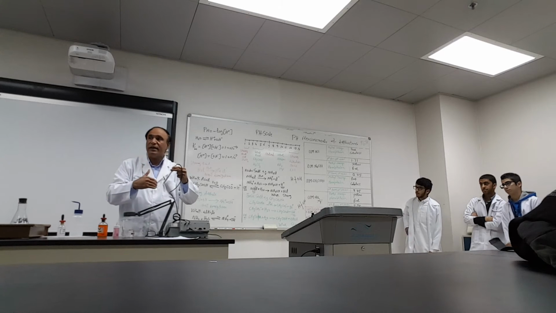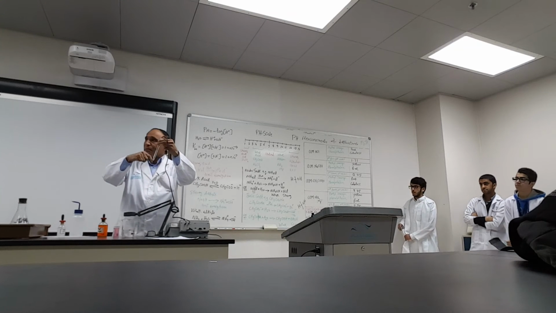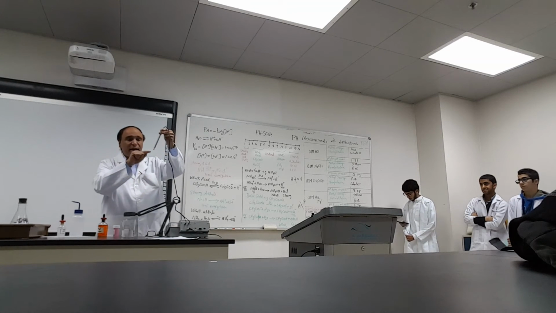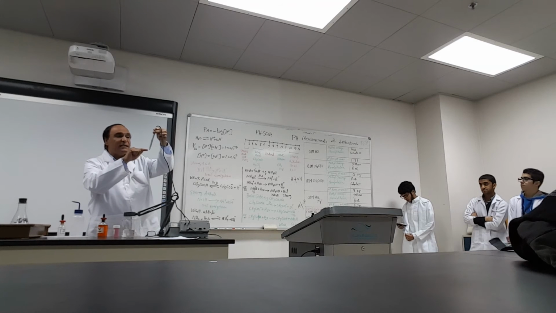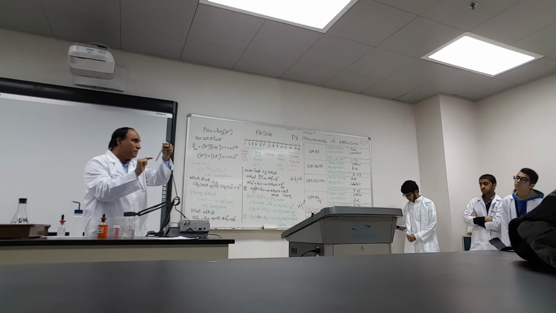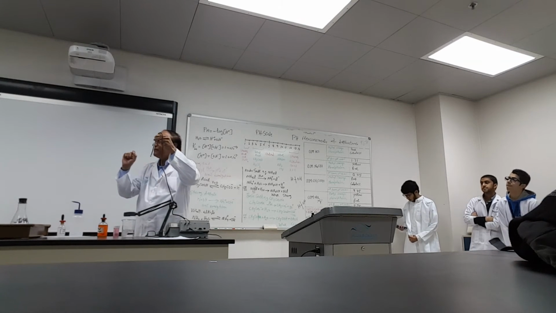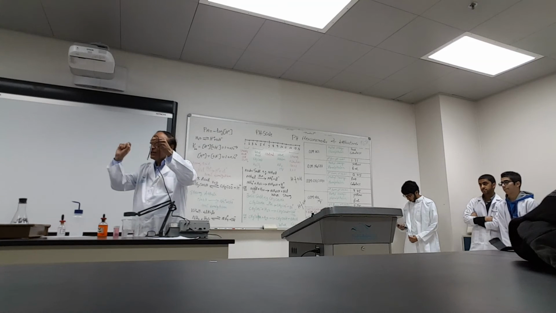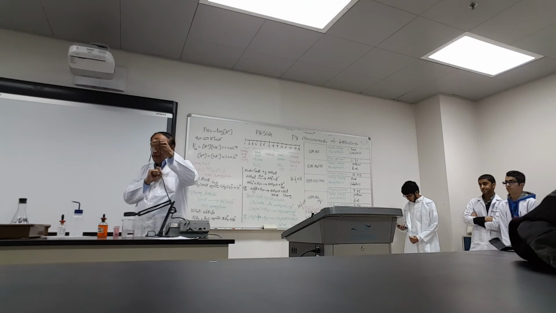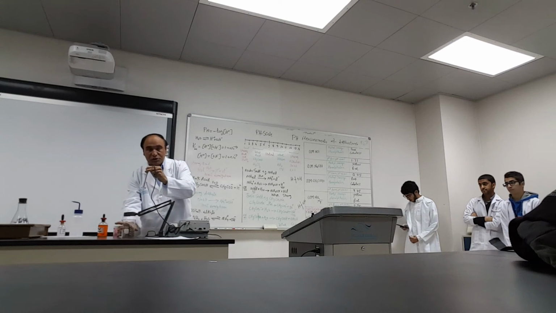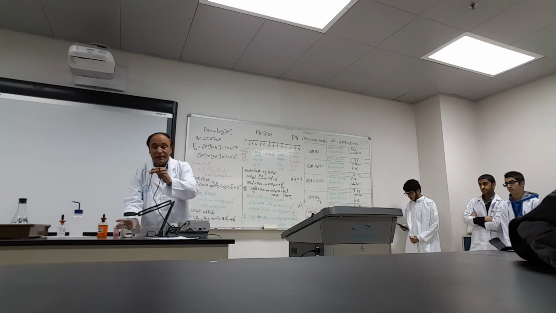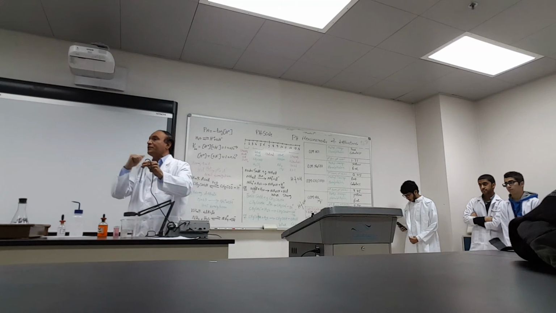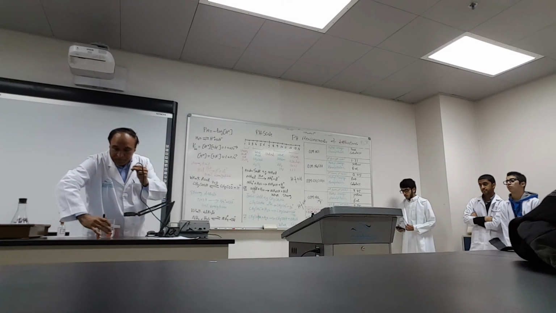And at the tip here, there is a bulb, a glass bulb. This glass bulb is very thin and very sensitive. So when I dip it in an aqueous solution, it can detect how many hydrogen ions are there.